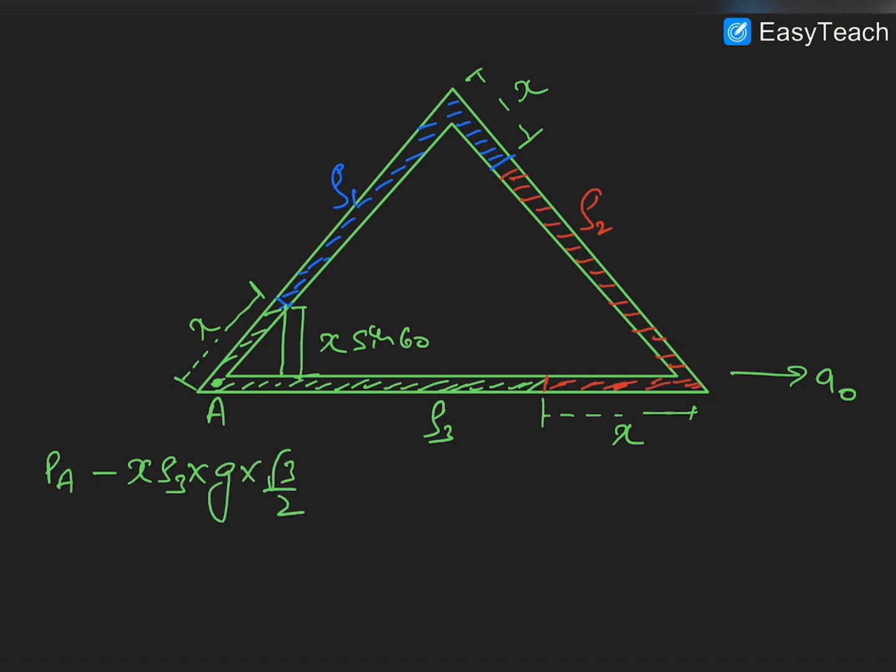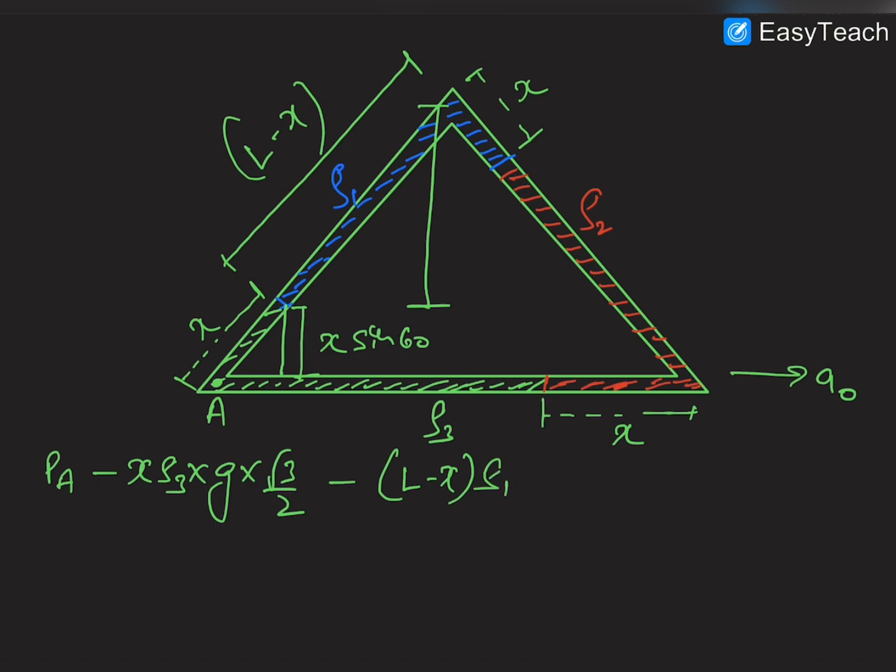Okay, when we are moving in this part, this length will be (L minus x) into root 3 by 2. So again it would be a minus of (L minus x) into rho 1 into root 3 by 2 g.